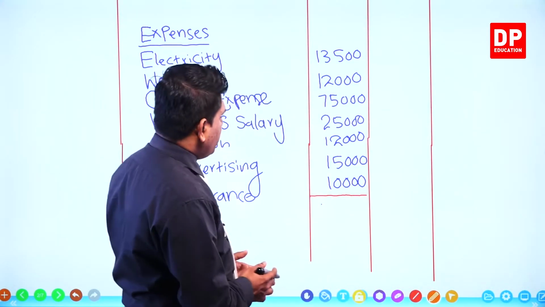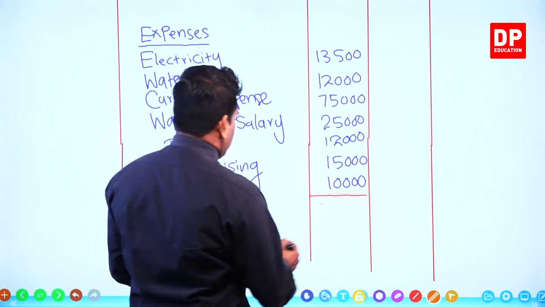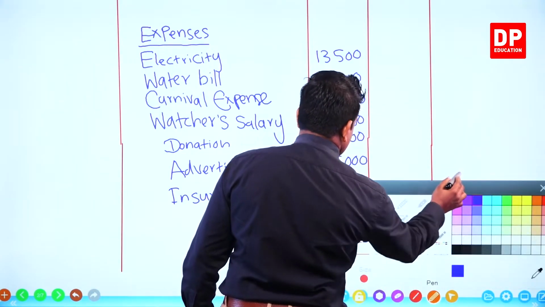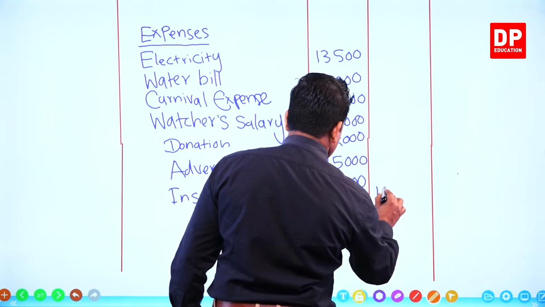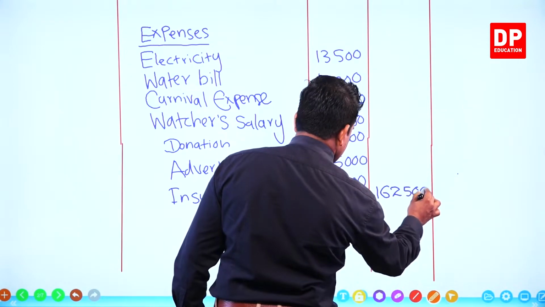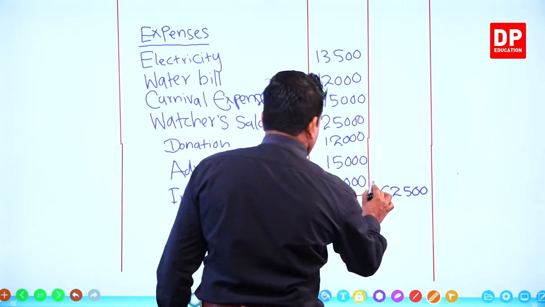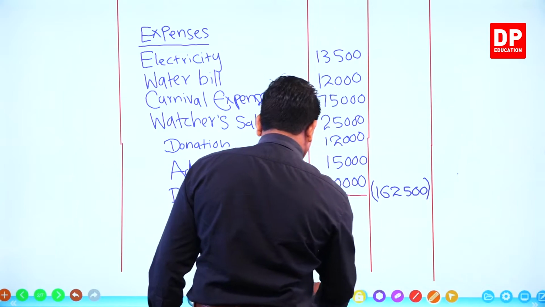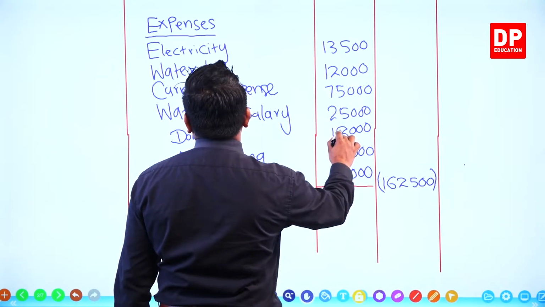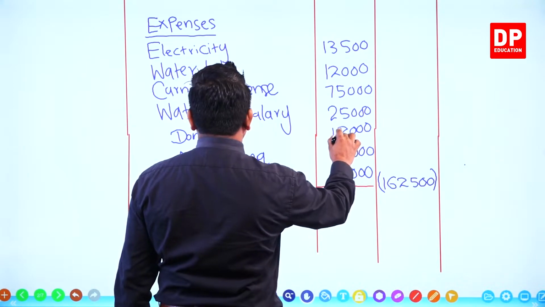Now, how much is the total? The total comes like this: 162,500. Put it in brackets. How much is the total above? It's 160,000. Right?